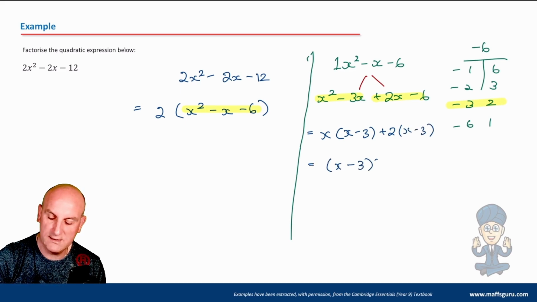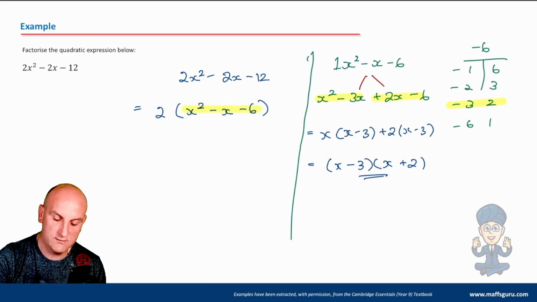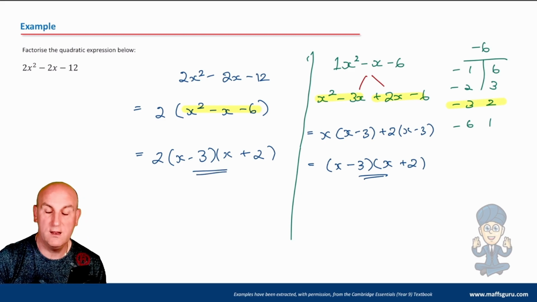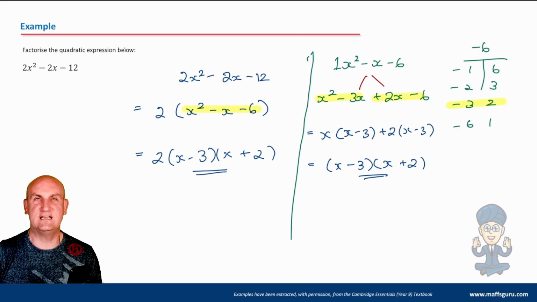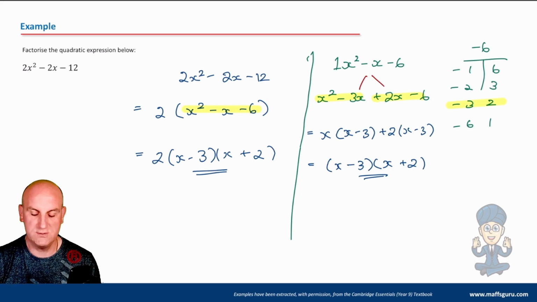We've got x minus 3, x plus 2. Now, the reason we're doing this is so that I can replace this with this. And so, therefore, my answer becomes 2 lots of x minus 3, x plus 2. All right, there we go. That is the way that the textbook has, but I'm going to throw you a bit of a challenge. I want you to see what happens if you don't do that.